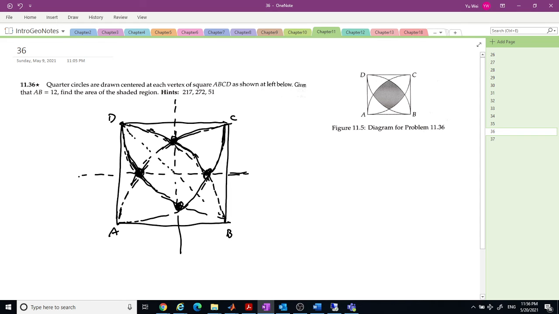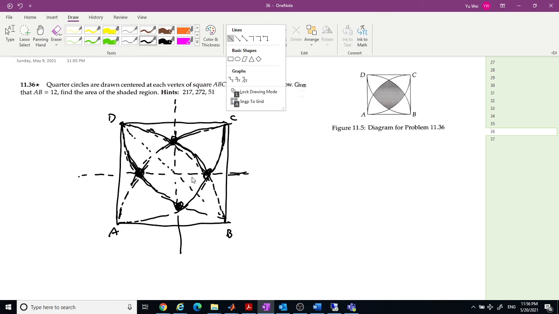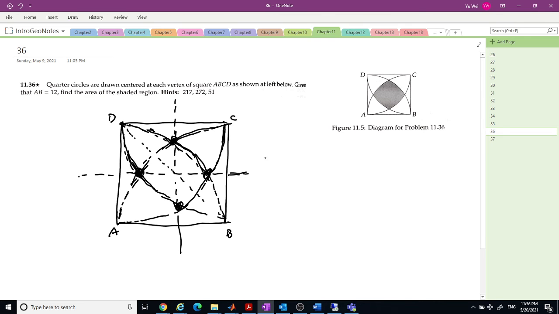Okay, so you can see the shaded area is constructed by these 4 little arcs.